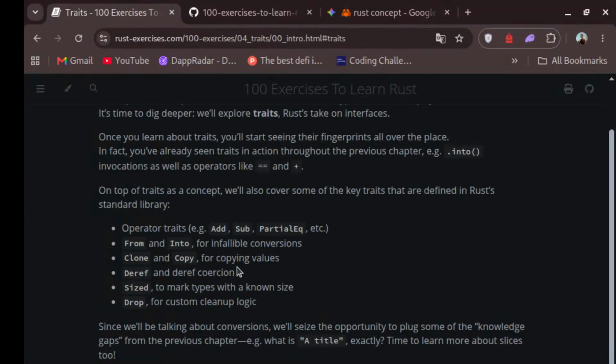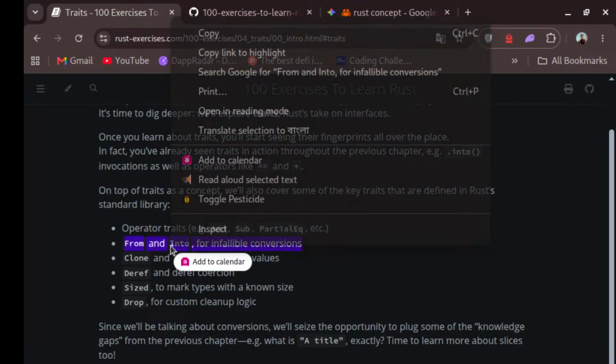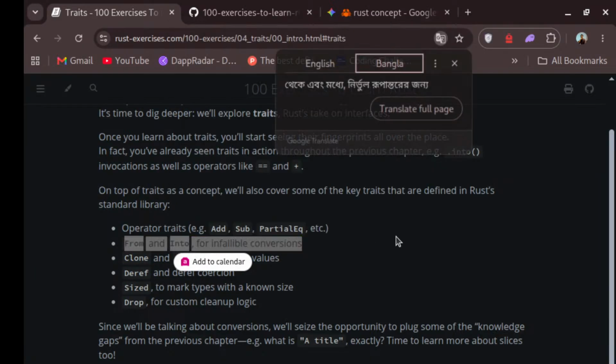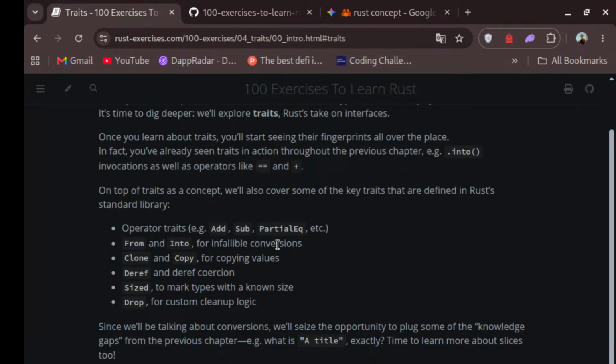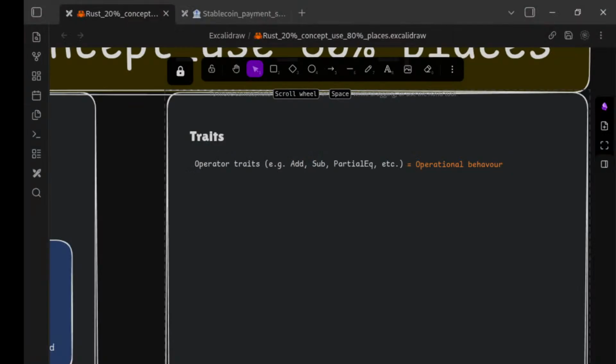Second is From and Into, for infallible conversion. Conversion, that means what? From and Into is infallible conversion, so we have to understand what From is and what Into is.